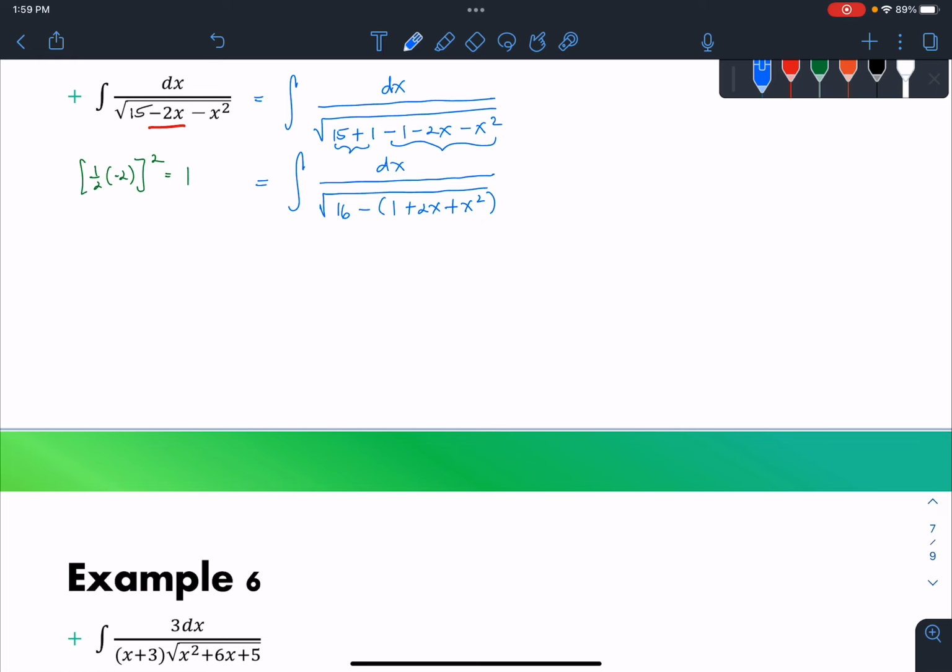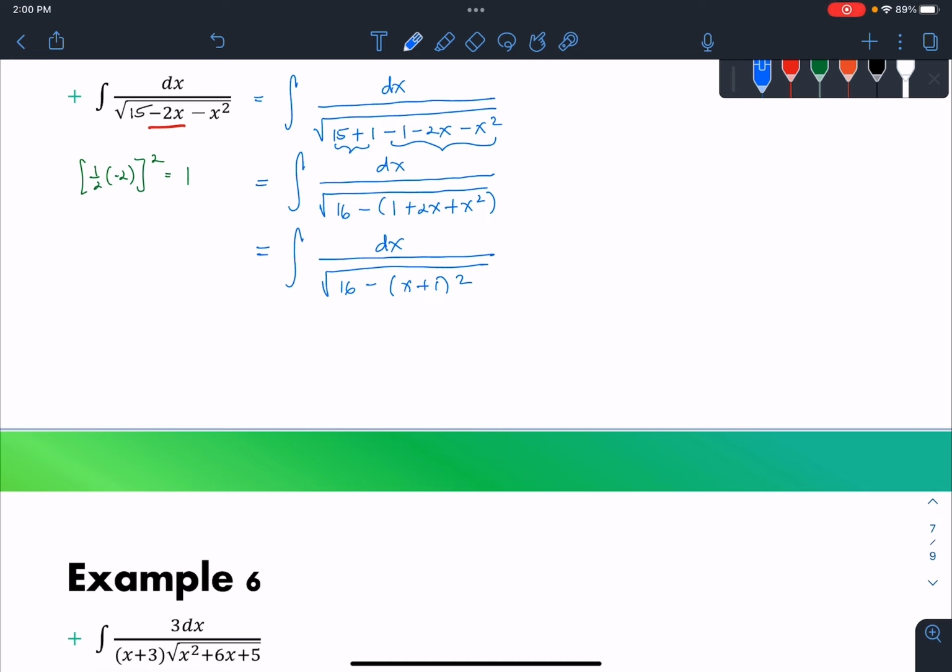So it then follows that I could factor that out. So this would be 16, then minus, this is the same as (x plus 1) squared. Because (x plus 1) squared would be x squared plus 2x plus 1.